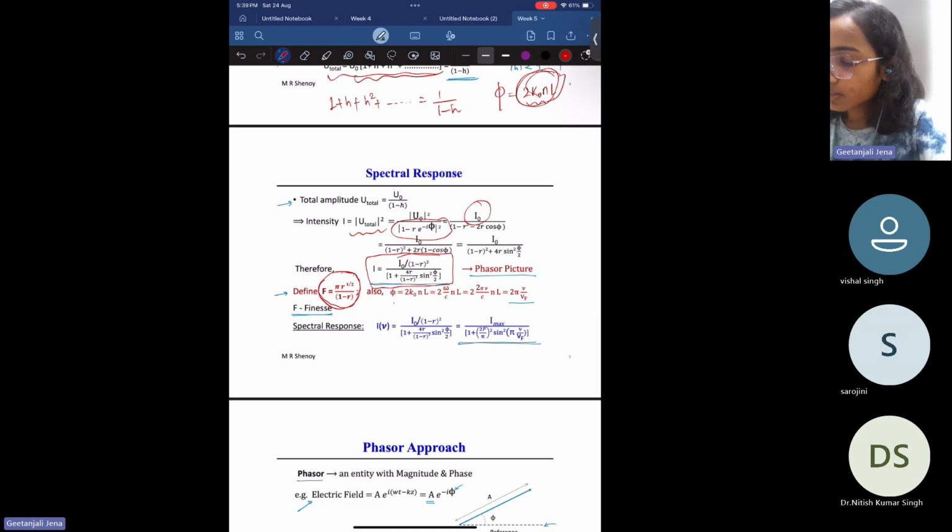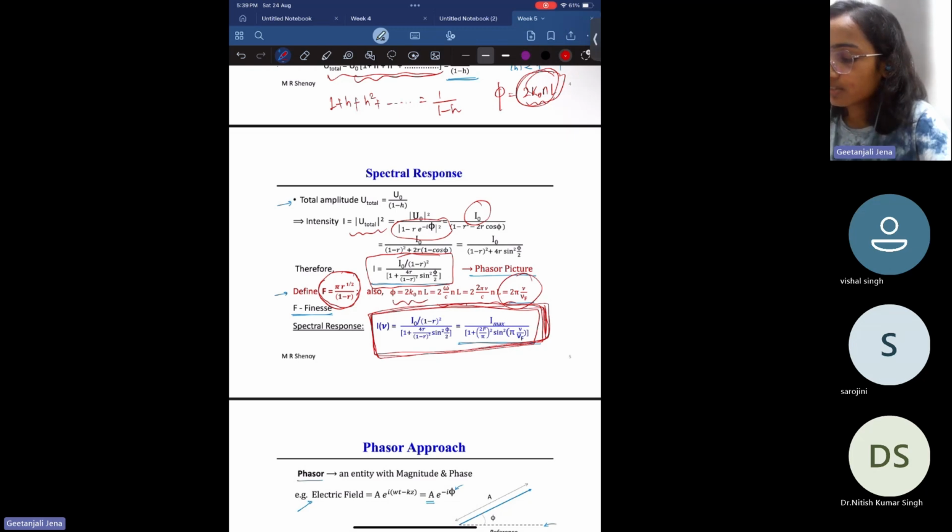If you put it and use this expression for the accumulated phase, which is 2 pi nu by nu_F, you get the spectral response as an expression like this, which is I max divided by 1 plus (2F by pi) squared sin squared (pi nu by nu_F). Okay, so this is the expression of spectral response.